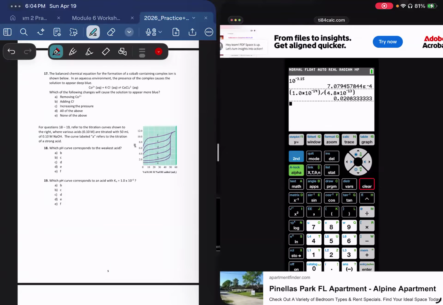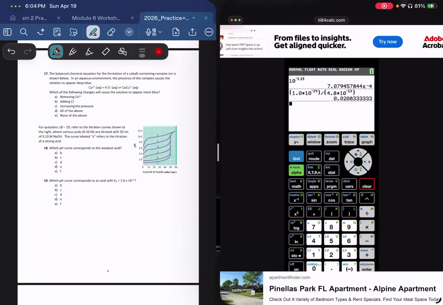Number 19: which pH curve corresponds to an acid with a Ka value of 1.0 times 10 to the negative 4? This is another example of me using pH equals pKa, because I can see here that the half equivalence point is at 25.